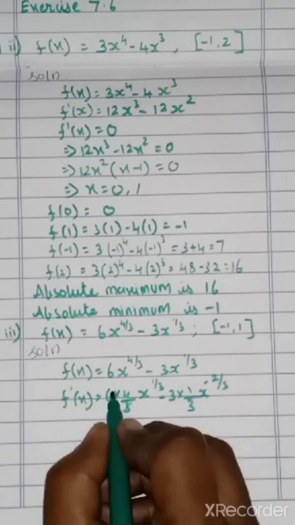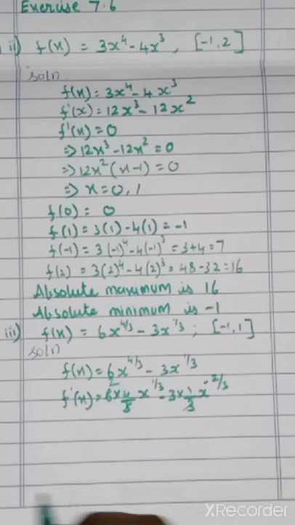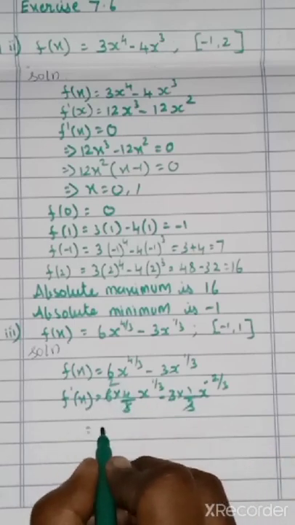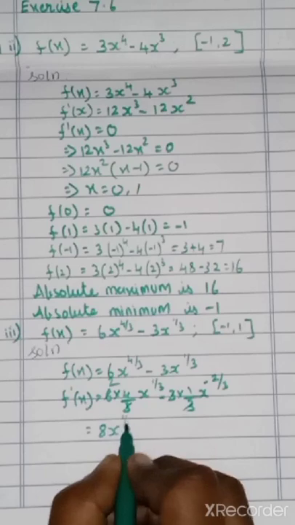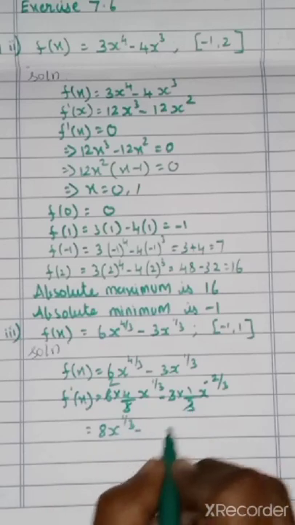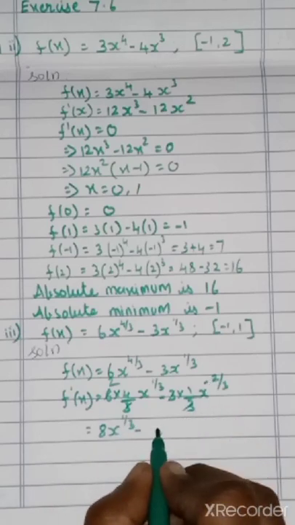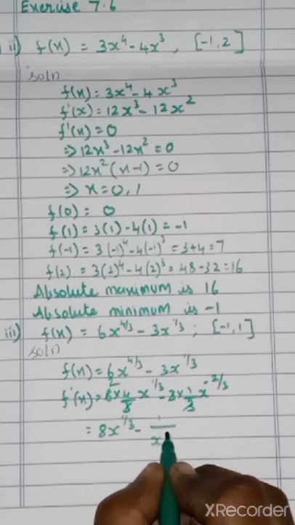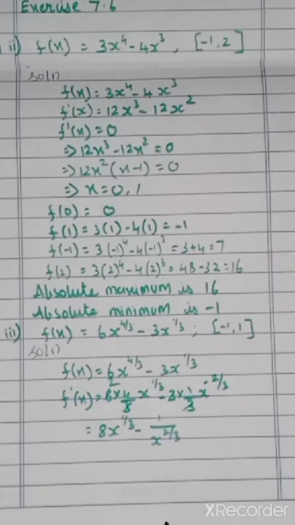So 1 3 is 3, 2 3s are 6, the 3s cancel, 4 2s are 8. So 8 x power 1 by 3 minus, since the power is negative we can take it down, 1 by x power 2 by 3.